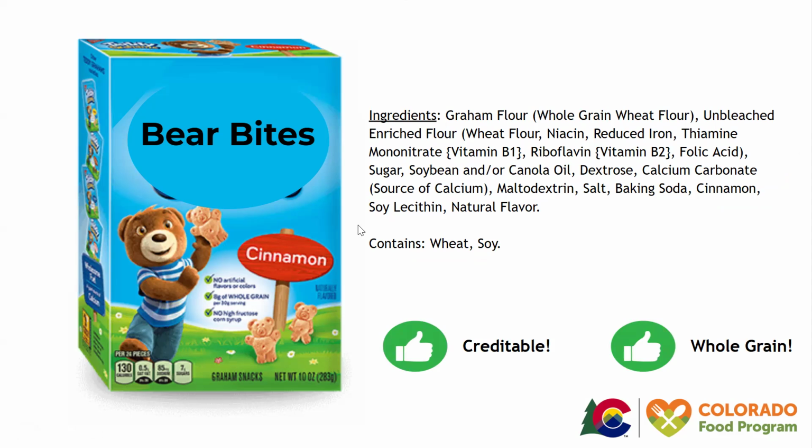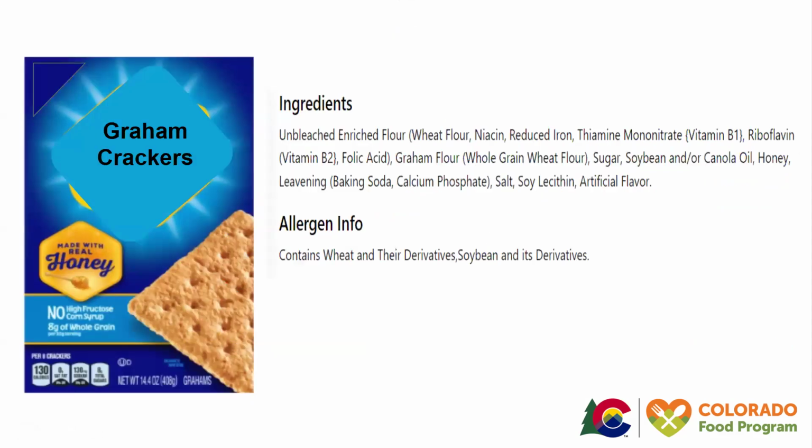Alrighty, so now I have another example. Go ahead and start looking at these ingredients while I get the next poll up. So what about these graham crackers? When it comes to looking at whole grains, it's important to look at the ingredient list for the specific product you're buying. Not all graham crackers are made the same.